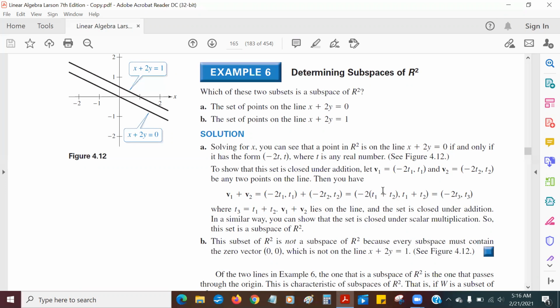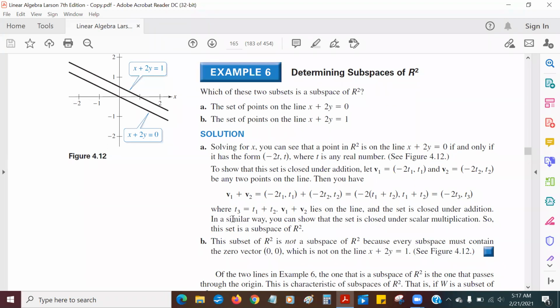I get -2 times (t1 plus t2). But t1 plus t2 is just another scalar. And in the second component, I have t1 plus t2, which is also just another scalar. We'll call that scalar t3, just give it a name. And so I have (-2t3, t3). Well, guess what? That's exactly the type of point that's going to be on this line, if and only if it's in that form. So anything that's in this form is going to be on the line.